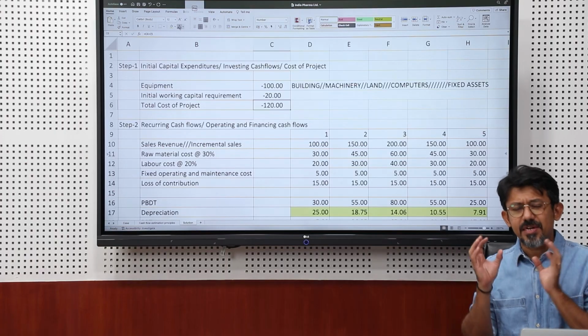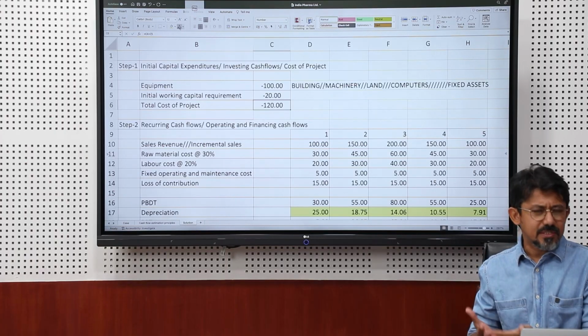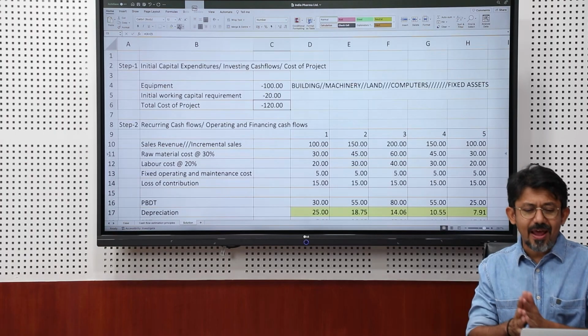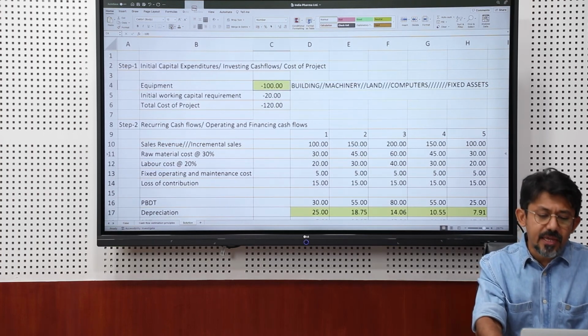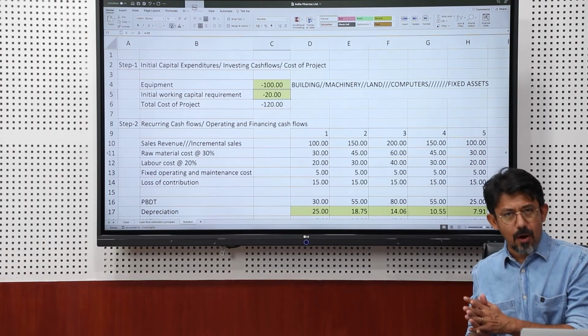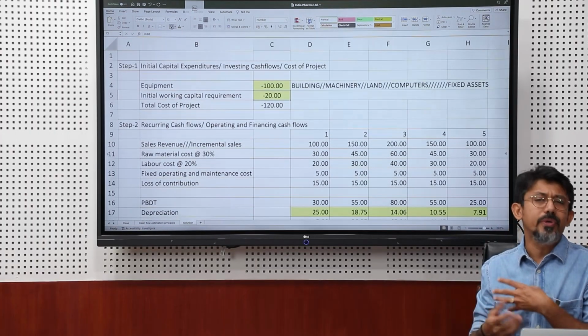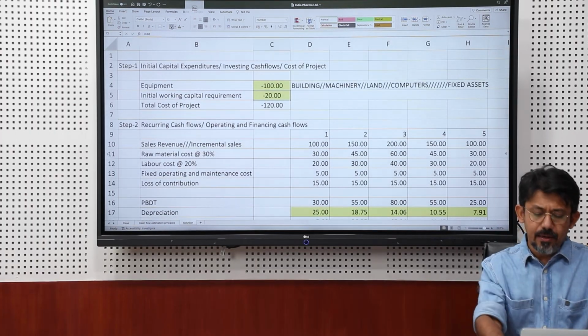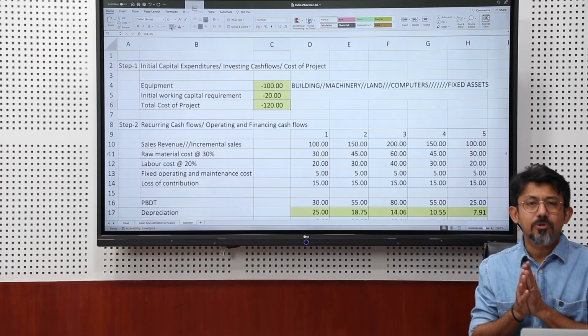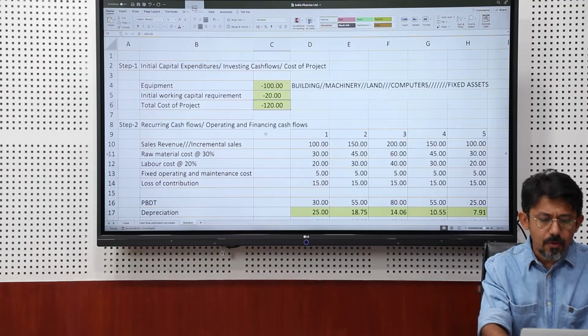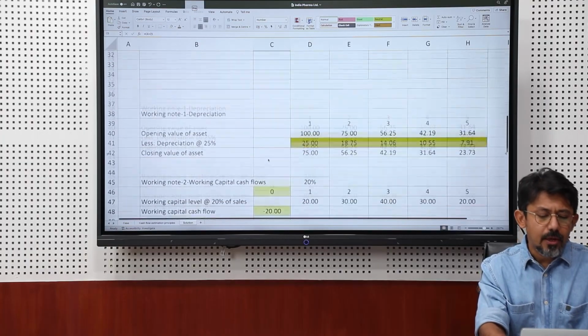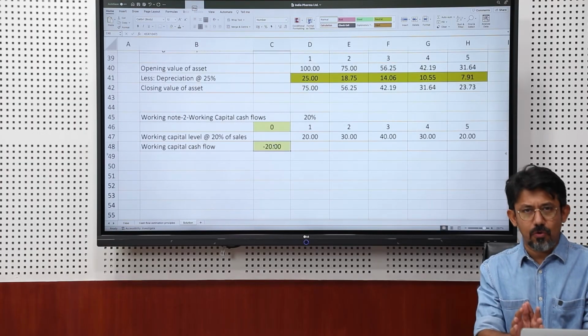Whatever I invested in year 0, I do not need to discount that cash flow, it is already in present value terms. Similarly, this 100 million for equipment is already in present value terms, so I do not need to discount it, and hence I took it to year 0 and I added it. So, my total cost of the project comes to 120 million rupees right now. I have already looked at 20 million as a cash outflow.